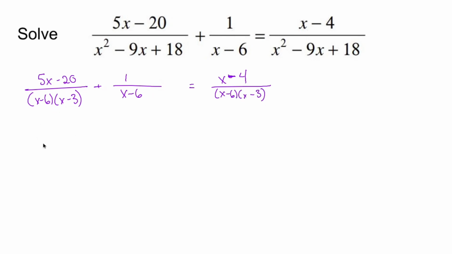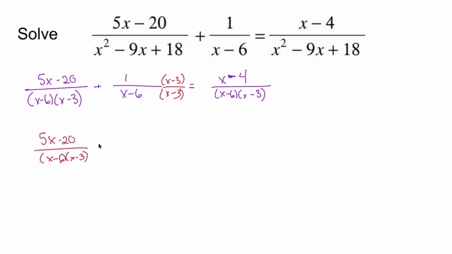Now on the left side I am adding fractions. The denominators are not the same, but in order to make them the same, all I have to do is multiply this guy by x minus 3 over x minus 3, and now all of my denominators will be the same. So you stay 5x minus 20 over x minus 6, x minus 3.